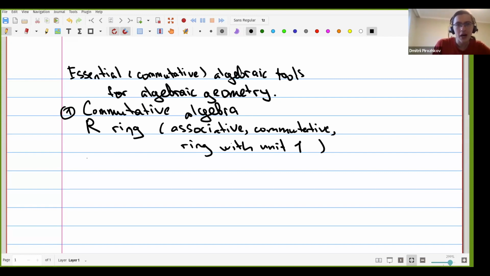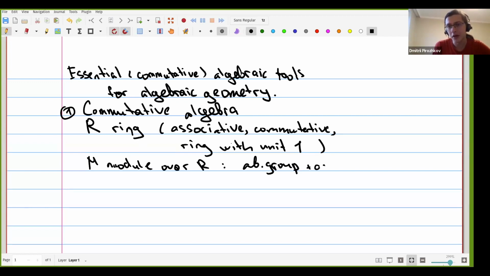I'm interested in objects related to rings, such as modules. So a module is an abelian group together with an action of the ring R, such that those two structures are compatible.